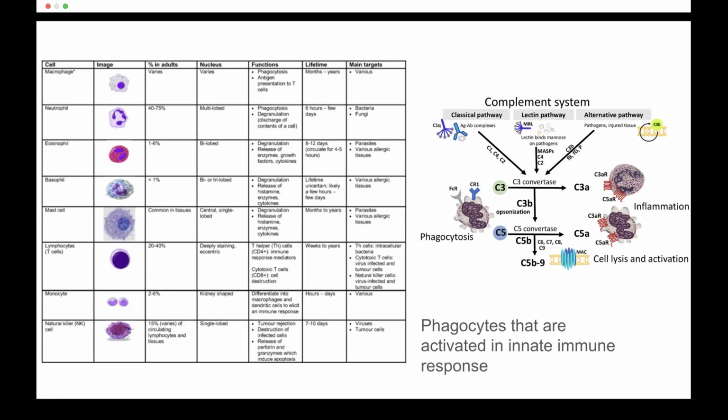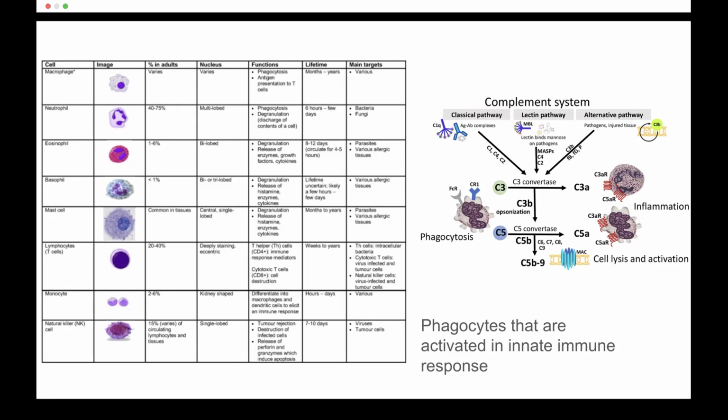So on the left, it's a very inclusive chart of what kind of immune cells are involved and what they look like, where they reside, and what kind of targets they're mainly responsible for. And also different phagocytes have different lifespans.